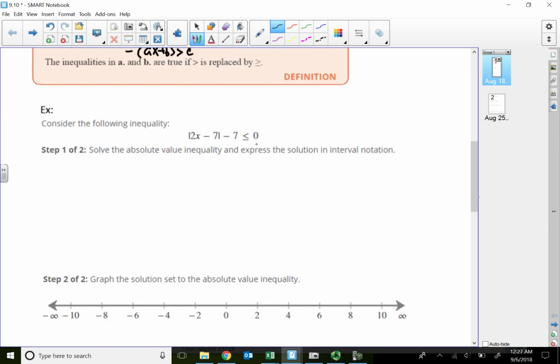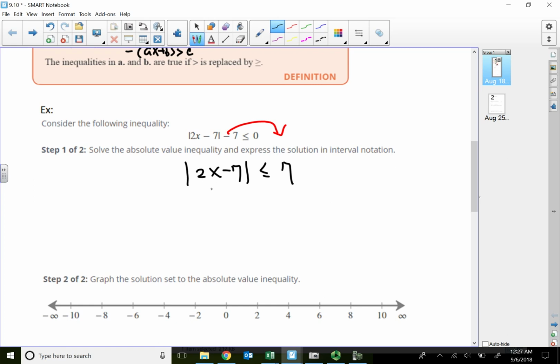This one is less than or equal to, so I isolate my absolute value by moving this over. Step number one is solving the inequality and expressing it in interval notation, because I'm dealing with inequality again. So this is the absolute value of 2x minus 7 is less than or equal to positive 7. I'm good to go.